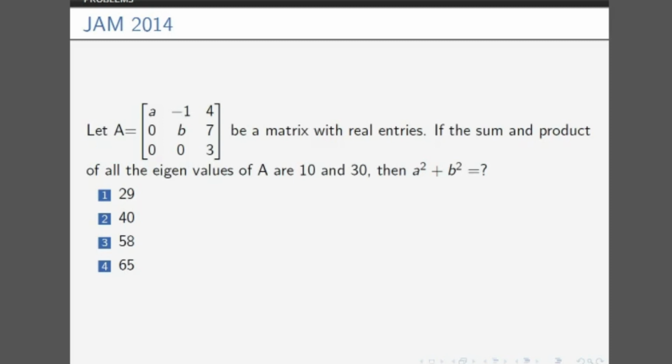Yes, ma'am. Trace of A is equal to the sum of the eigenvalues. That means a plus b plus 3 is equal to 10, and the product of eigenvalues is equal to the determinant of A. That means 3ab is equal to 30.